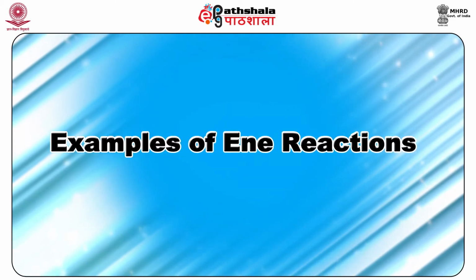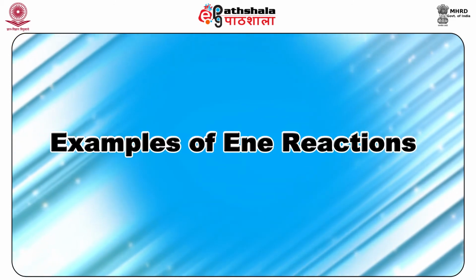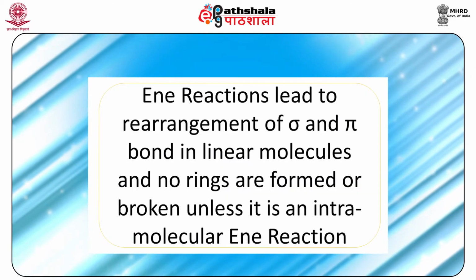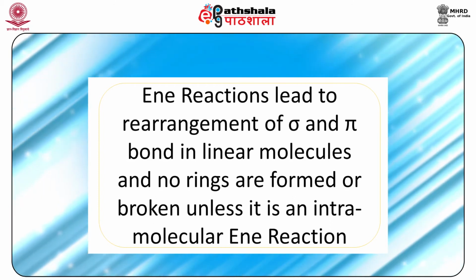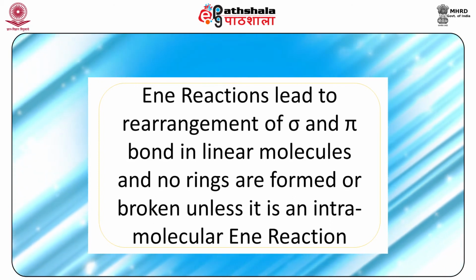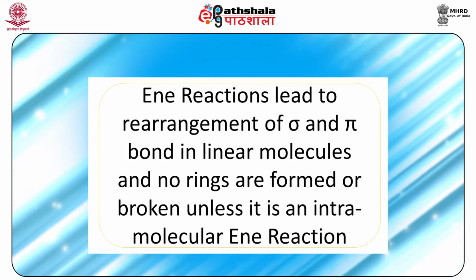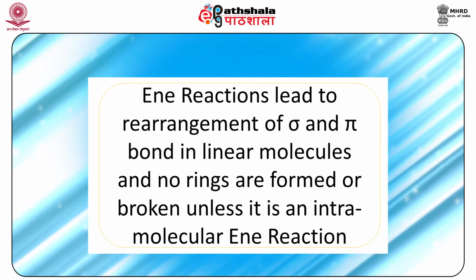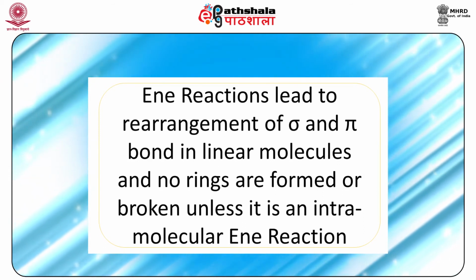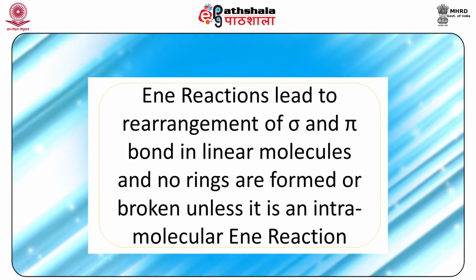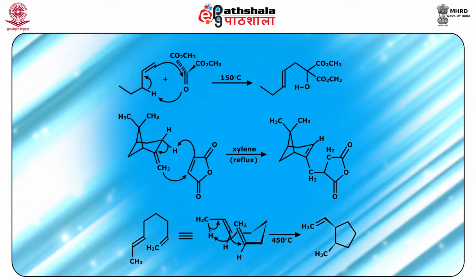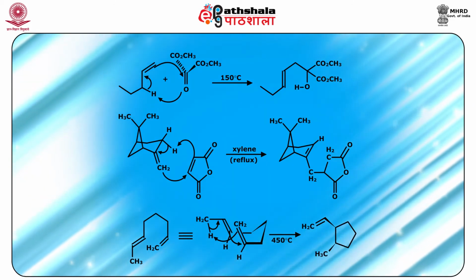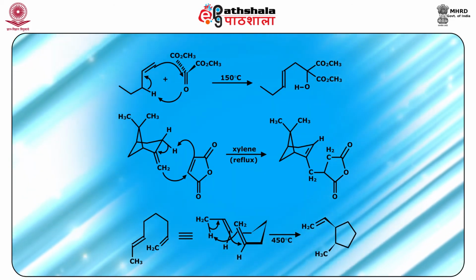Next, let us look at the examples of ene reactions. Ene reactions lead to rearrangement of sigma and pi bond in linear molecules, and no rings are formed or broken unless it is an intramolecular ene reaction. The following are examples of ene reactions with different substrates.